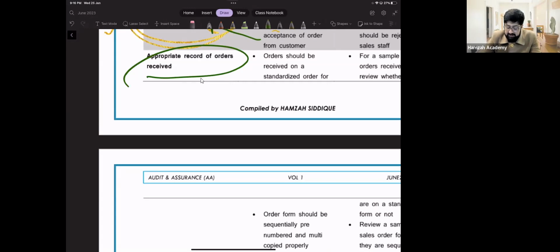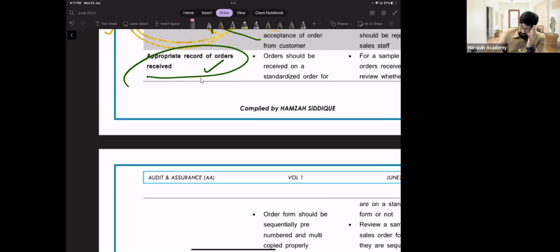This is the objective. So appropriate record, what does it mean? That all the details should be obtained from the customer. No detail should be missing. Orders should not be misplaced.